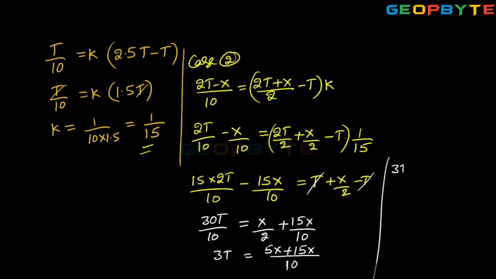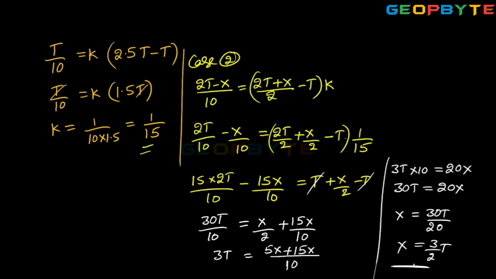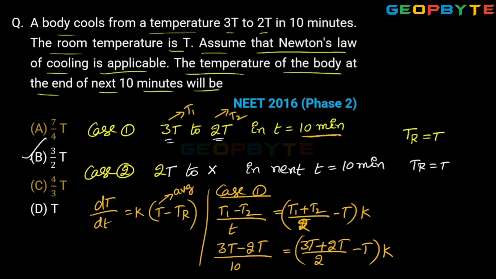Here 3T into 10 is equal to 20X. 30T equals 20X, so X equals 30T by 20, that is 3 by 2 T or 1.5T. Look at option B. Option B is absolutely correct. Are you following clearly?